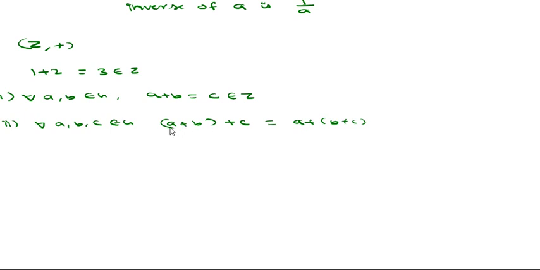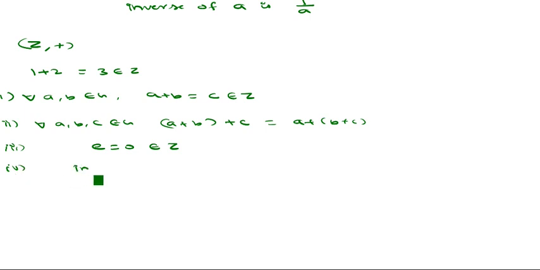That is, first we can add A plus B and the result can be added with C. That will be equal to adding B plus C, and the result can be added with A. So both are the same. That is, the order of addition is immaterial. And the third property: the operation is addition, so the identity element is 0, and this belongs to Z. And the fourth one, the inverse property.